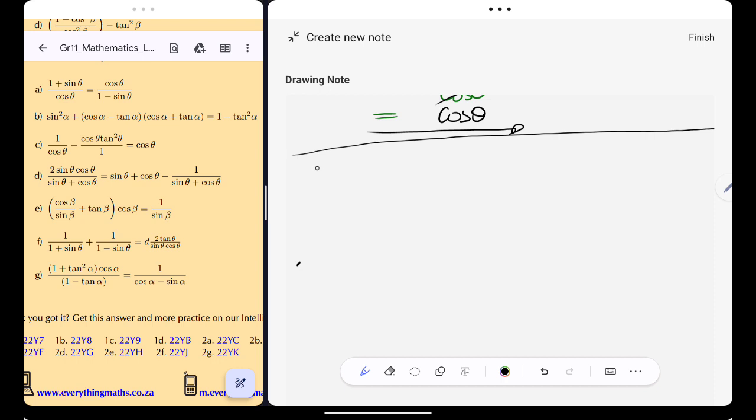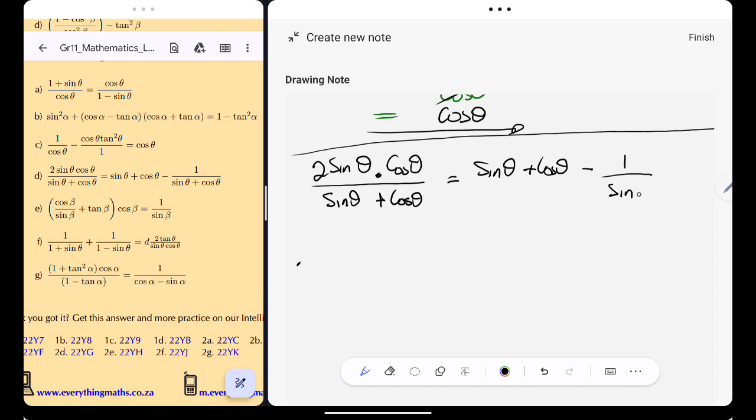D, we are told that 2 sine theta multiplied by cos theta all over sine theta plus cos theta is equal to sine theta plus cos theta minus 1.